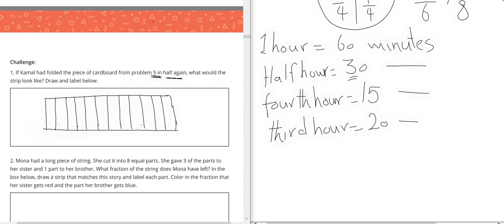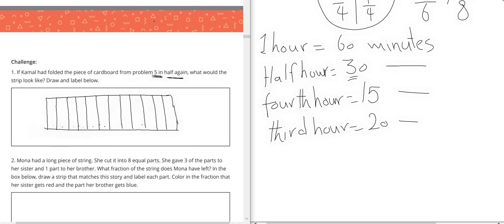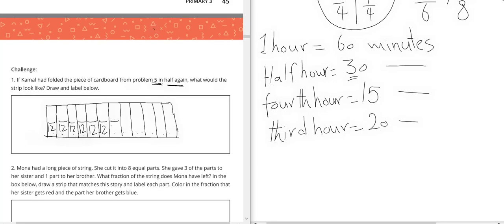Okay, what would the strip look like? Draw and label it below. Now, how many parts do we have? Count. 1, 2, 3, 4, 5, 6, 7, 8, 9, 10, 11, 12. So we have 12 parts in all.